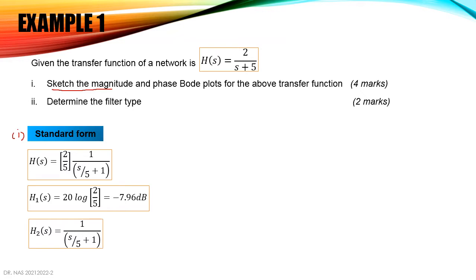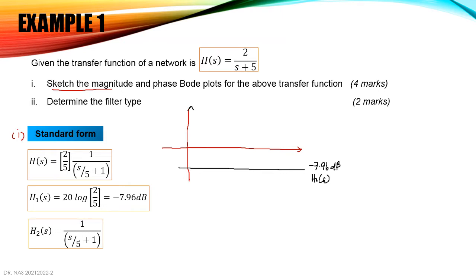Right, so let's sketch the components. Okay, so first you have the constant, negative 7.96 dB. So this is your H1(s).